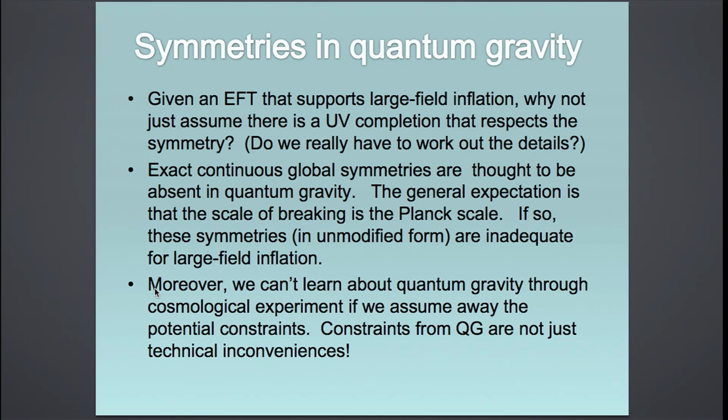The reason for thinking that not every UV completion will automatically have all the symmetries you want is a very general argument that says that exact continuous global symmetries, with a couple of caveats, are absent in quantum gravity. And that means that all continuous global symmetries have to be approximate symmetries broken at some level. And you could ask, what's the scale of the breaking?